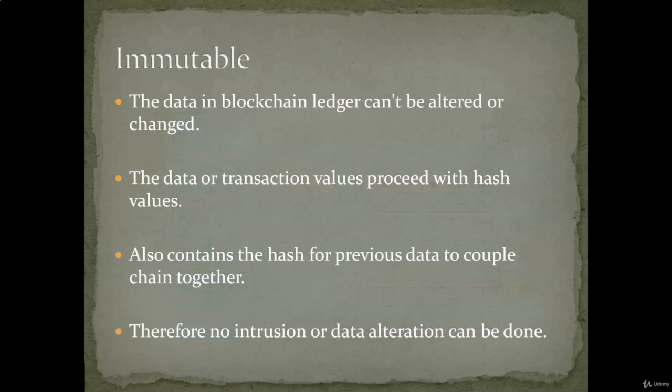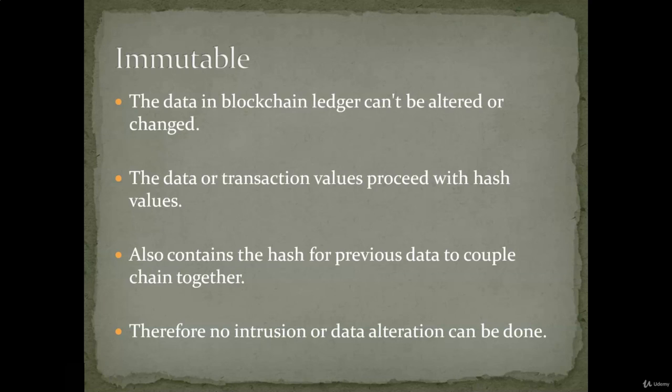So what is immutable? The data in the blockchain is cryptographically secured. Hence, it cannot be altered. That's the real meaning of immutable, that it cannot be changed or modified. The data or transaction values are processed with hash values, so they are not easy to break or change.